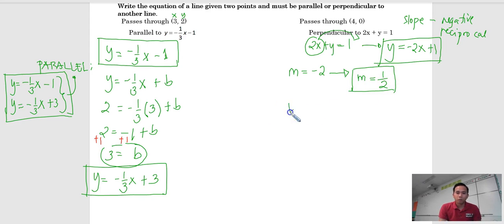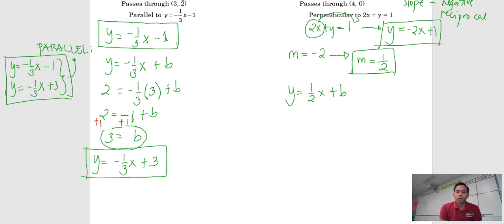Okay, so we have y is equal to +1/2 x plus b. And the value of x is 4 and the value of y is 0. So I just plug in 0 is equal to 1/2 times 4, plus b.